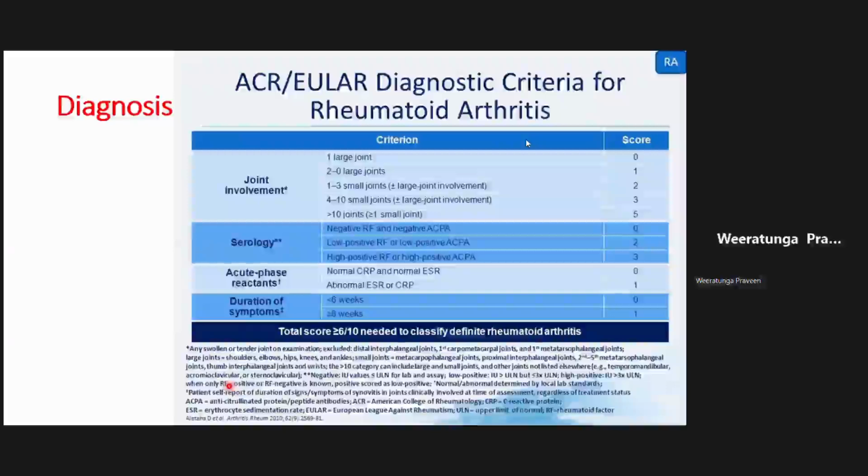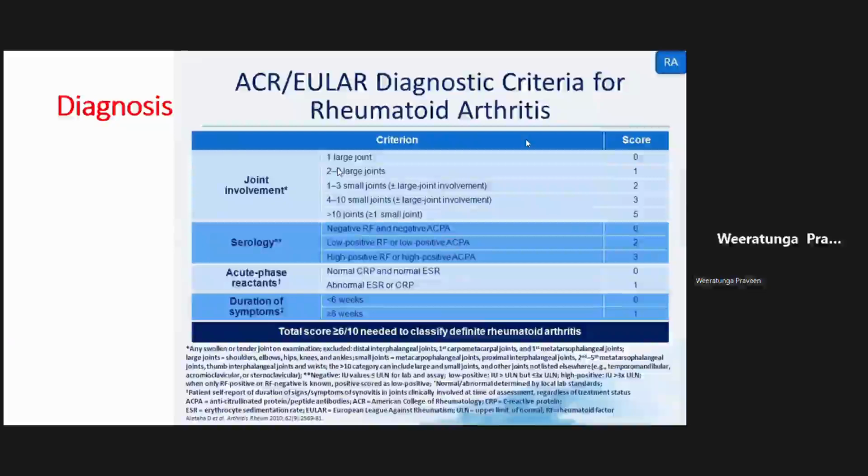Serology is another important domain, and here we use rheumatoid factor and anti-CCP. Then you have acute phase reactants like CRP and ESR. And remember, to diagnose rheumatoid arthritis, you should have a duration of symptoms of more than 6 weeks, right?